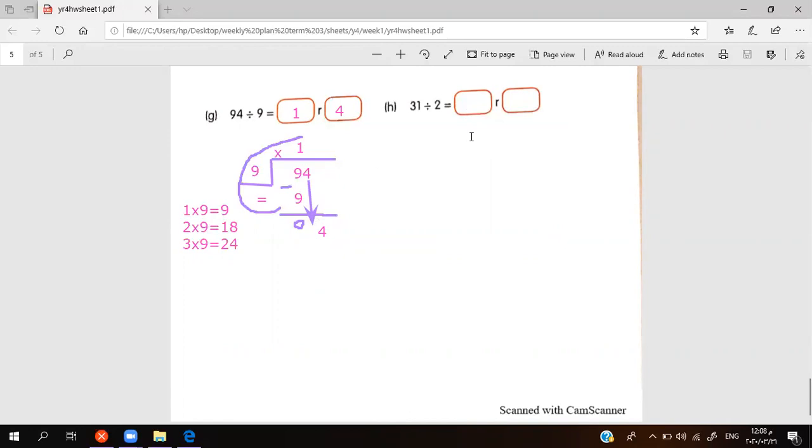Okay, here. I'll write inside the 31. I will write outside the 2.